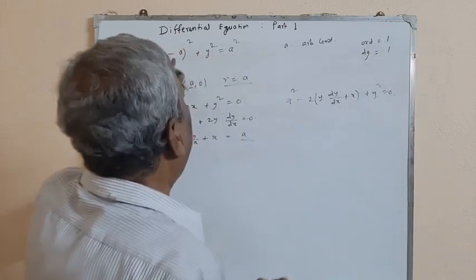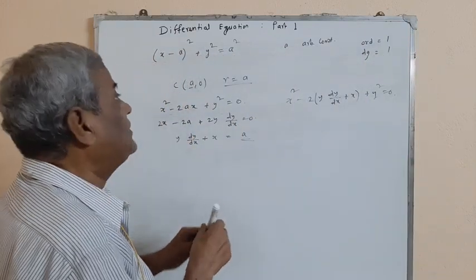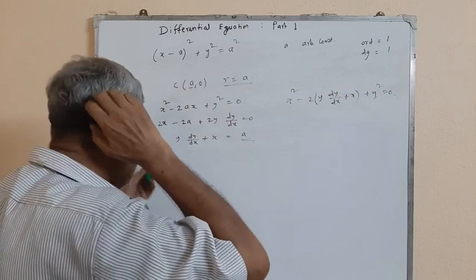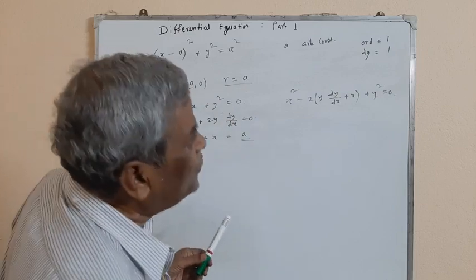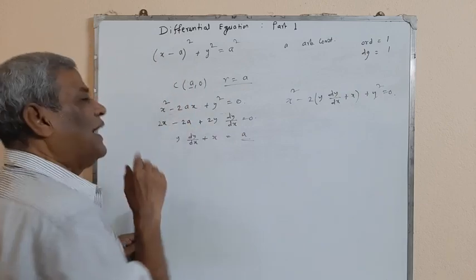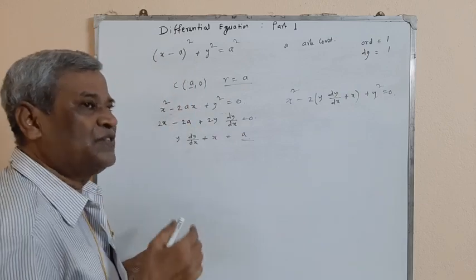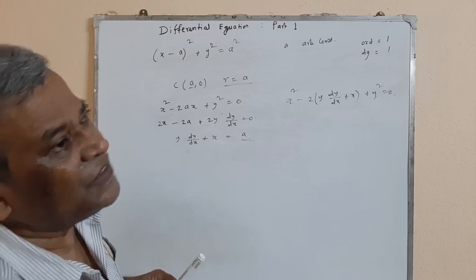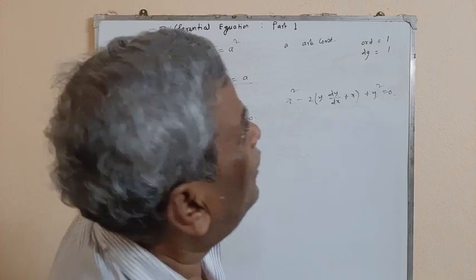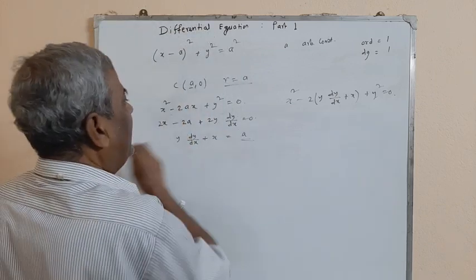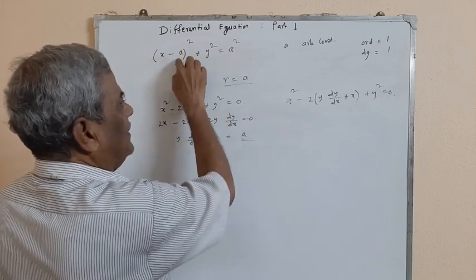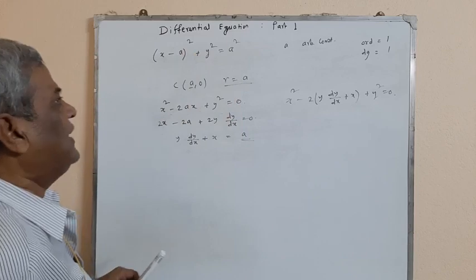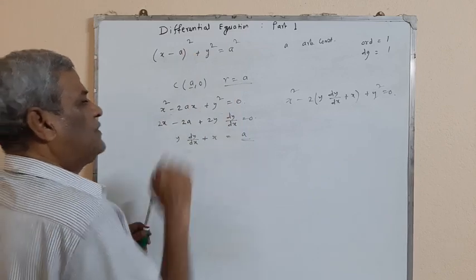Now, how can I say without calculating this that its degree is 1 and order is 1? I told you, first of all, simplify the given relation in the simplest possible way. It can be written as that. This square cancels, so it becomes this.